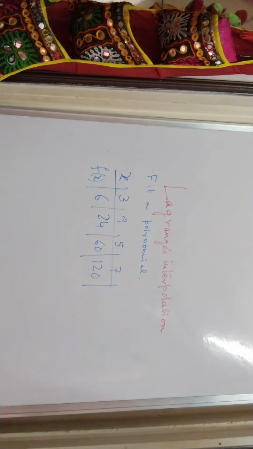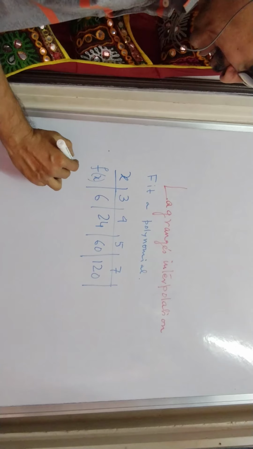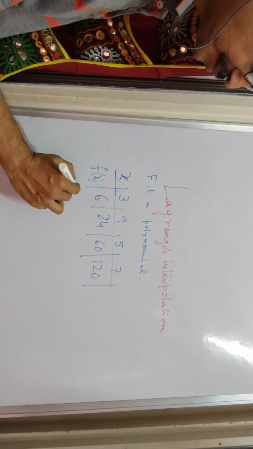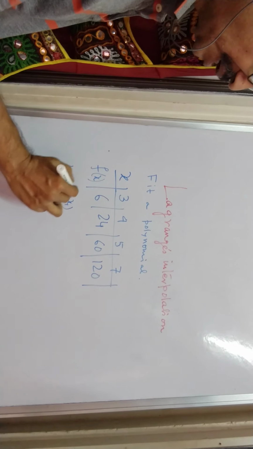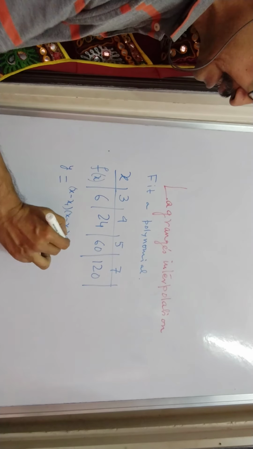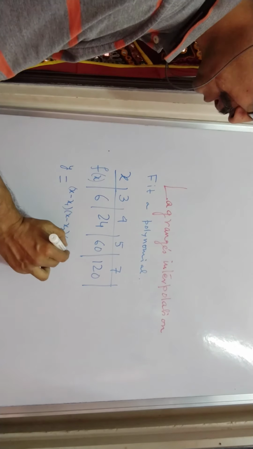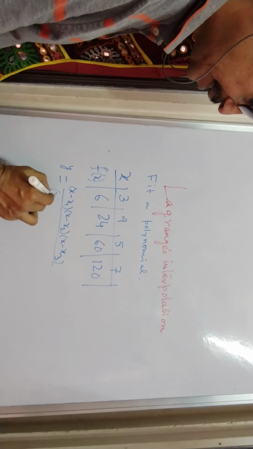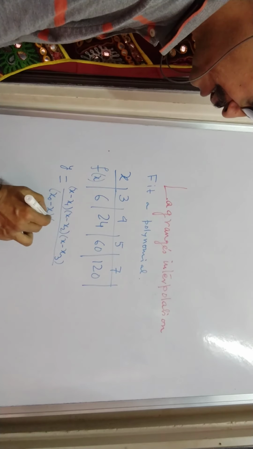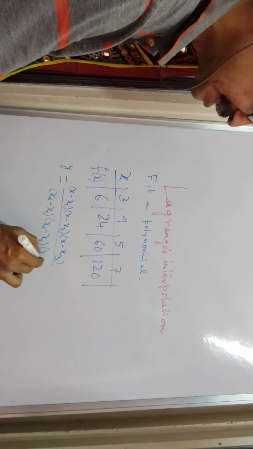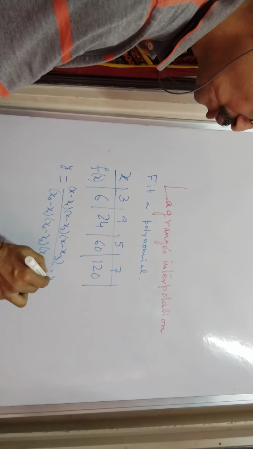Let us write what Lagrange's interpolation formula is. y is written as (x minus x1)(x minus x2)(x minus x3) divided by (x0 minus x1)(x0 minus x2)(x0 minus x3), into y0.